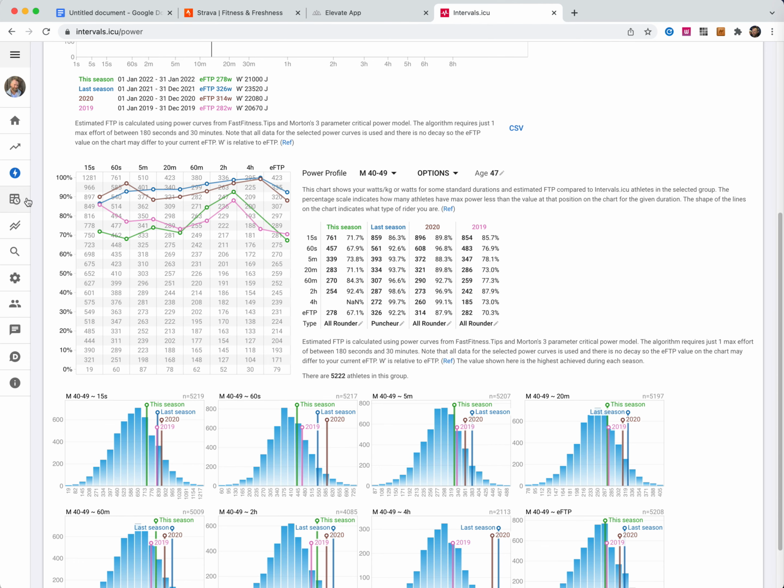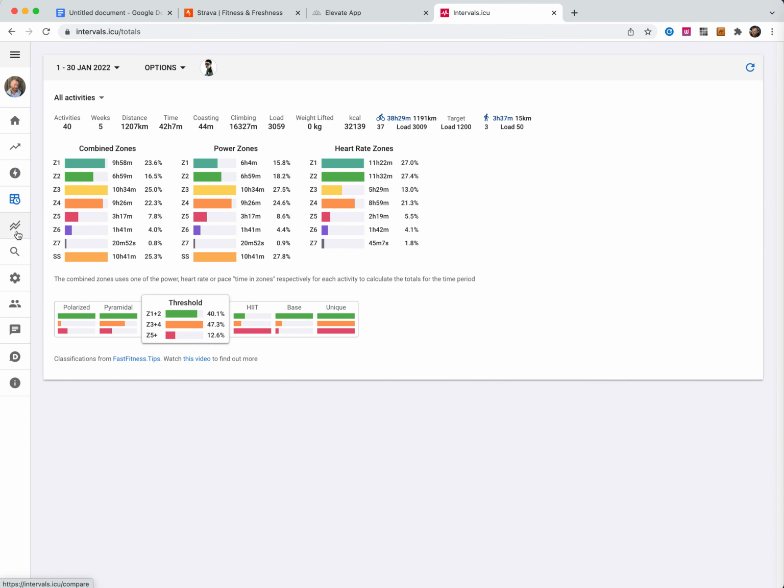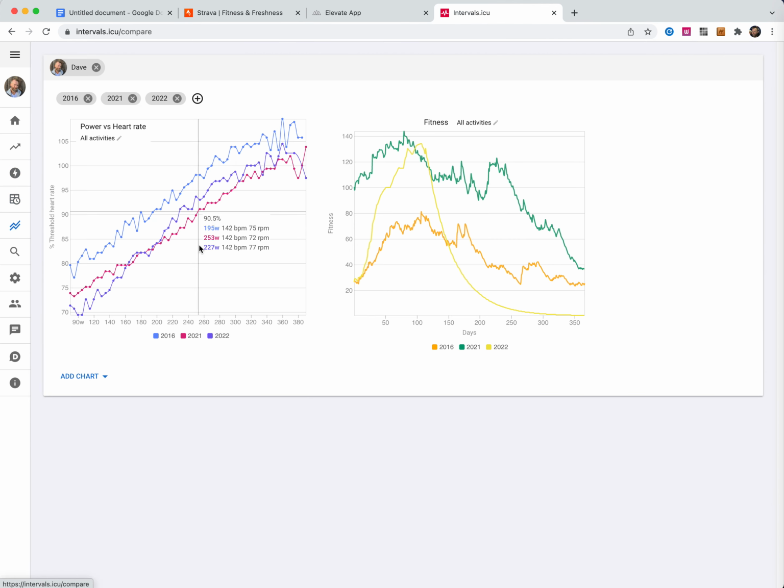Yeah, and one last thing with Intervals, this chart right here, like there's a ton of tools in here. This chart I also found pretty interesting, power versus heart rate, right? So if I'm pushing at my threshold power, how many watts can I put out? Last year in 2021, at my threshold heart rate, it looks like I could do about 350 watts.